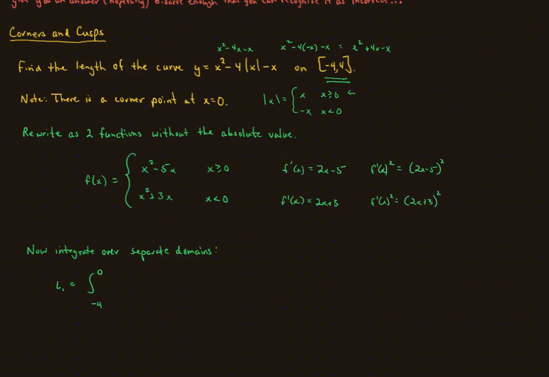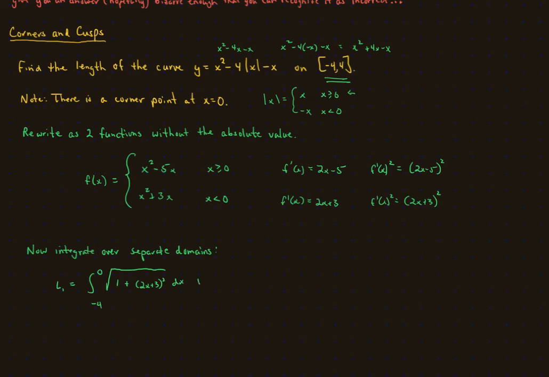So back to our first integral, going from negative 4 to 0, that's going to be the part where the x is negative. So we're going to get the square root of 1 plus the 2x plus 3 squared dx.